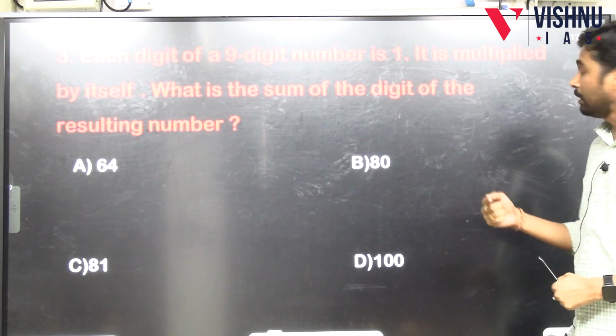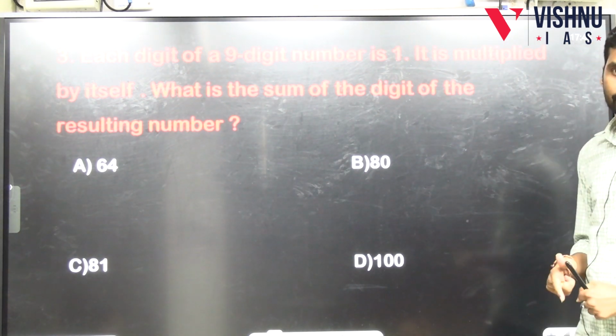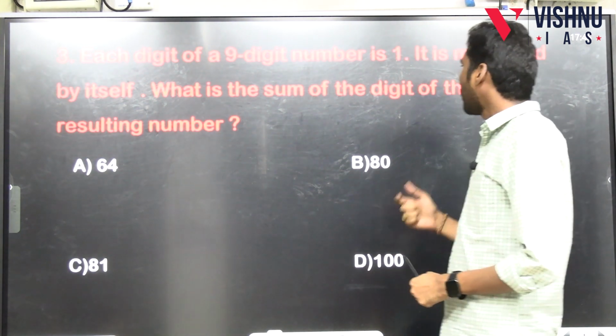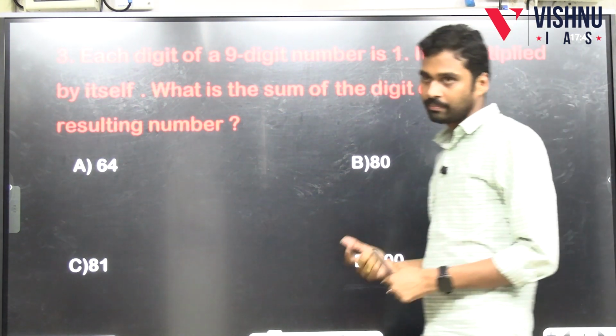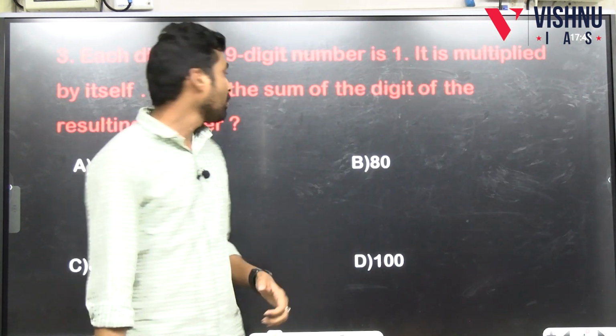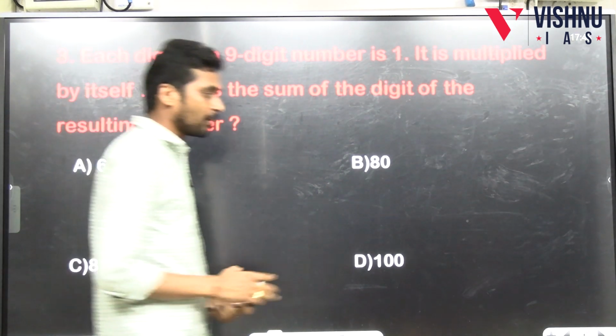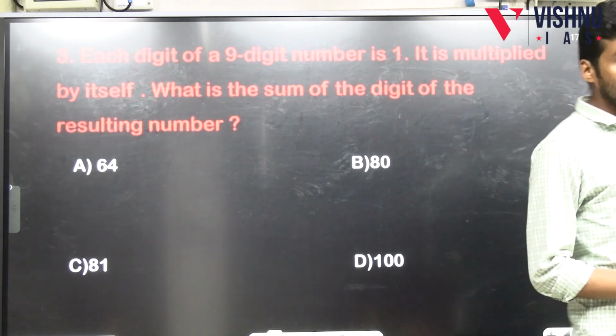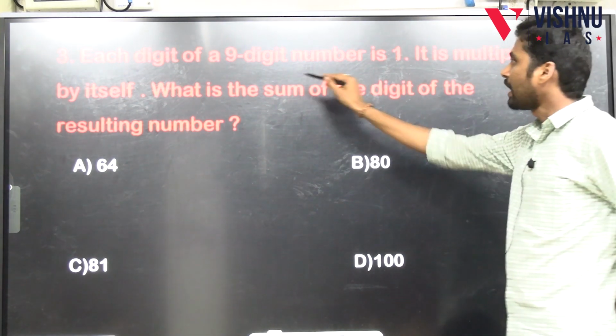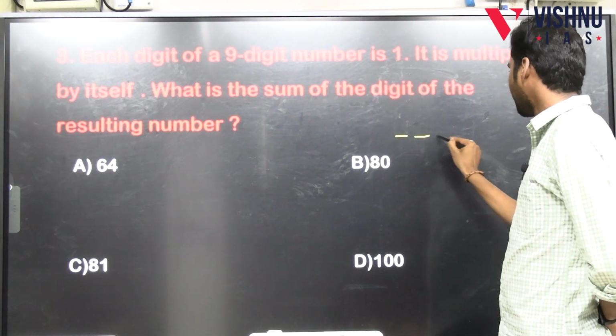It is multiplied by itself. What is the sum of the digits of the resulting number? First you understand the problem. Each digit of a 9-digit number; there is a 9-digit number.